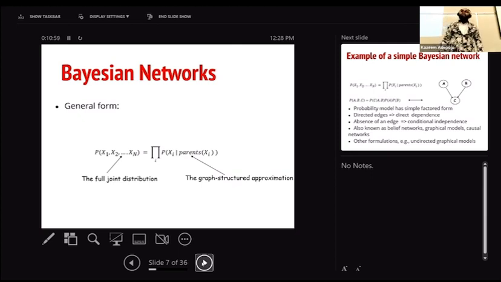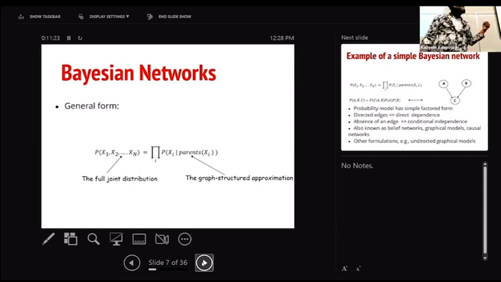Now, using the idea of the graphical structure, we're basically going to write this. We're talking about the product sign. It's trying to say xi given the parents of xi, which means we're going to have some variables that depend on other variables.